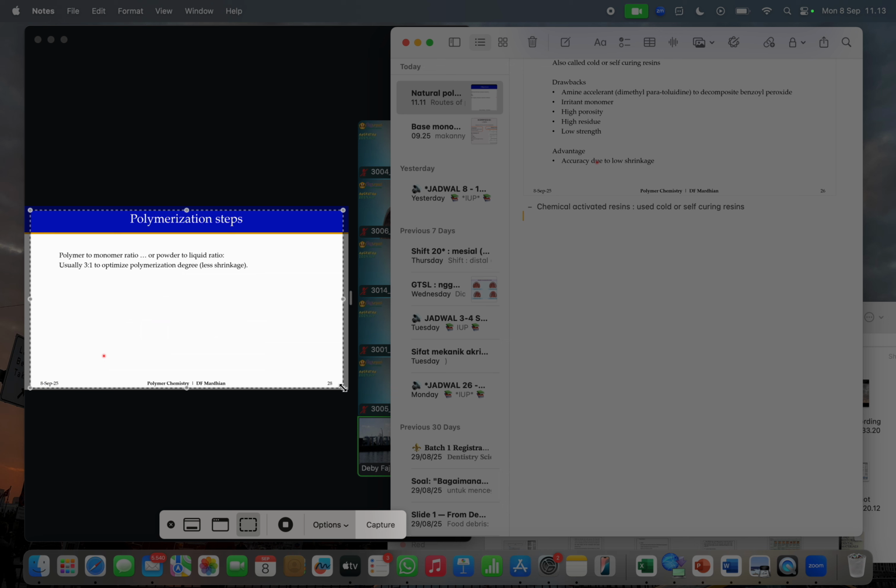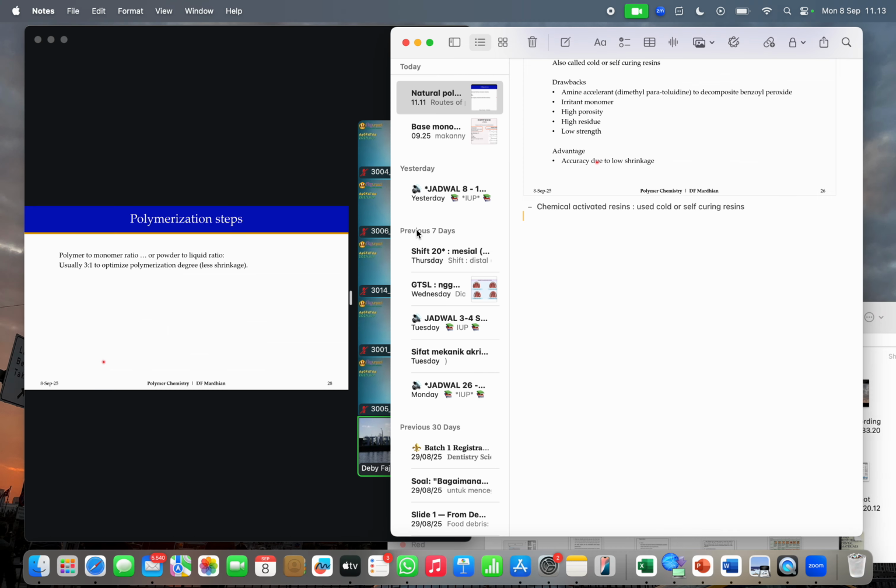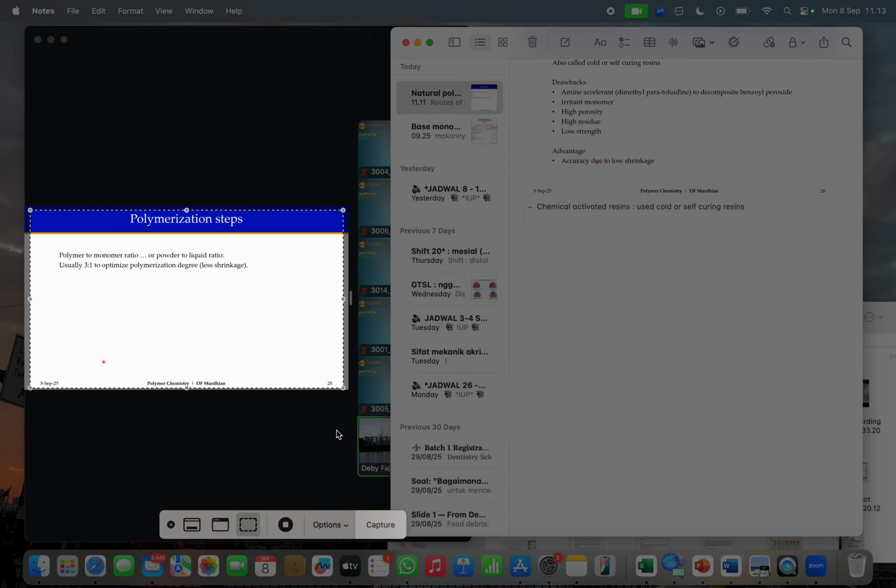The ratio of powder and liquid is usually 3 to 1 to maintain the high yield of reaction and to avoid shrinkage. And there are 5 stages, or let's say 4.